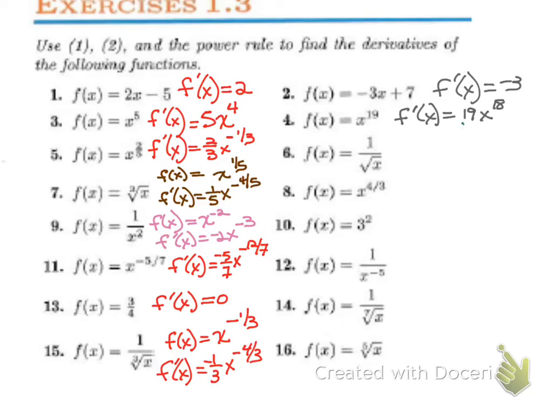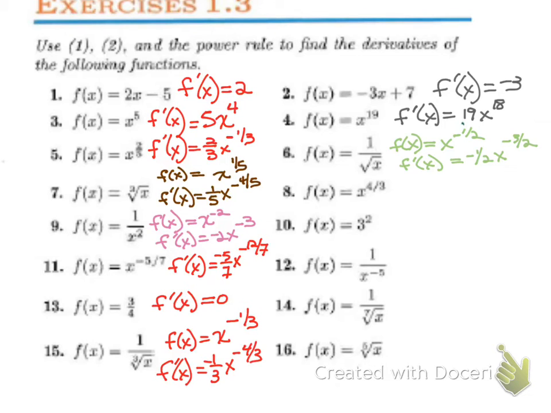Okay, so this I'm going to rewrite. Notice when I rewrite, I do not change notation, and I use notation. So this is x to the negative 1/2. So f prime of x will be negative 1/2 x to the negative 1/2 minus 2/2, which is negative 3/2.